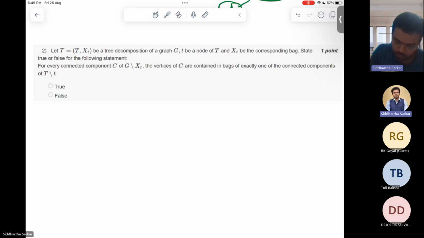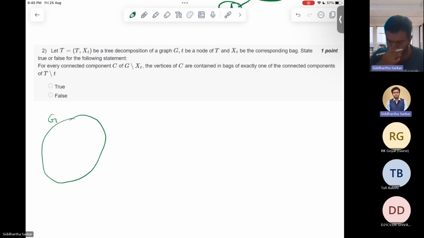Okay, so there is a graph G. It has a set of vertices and edges, and there is a corresponding tree decomposition. So there are some bags.